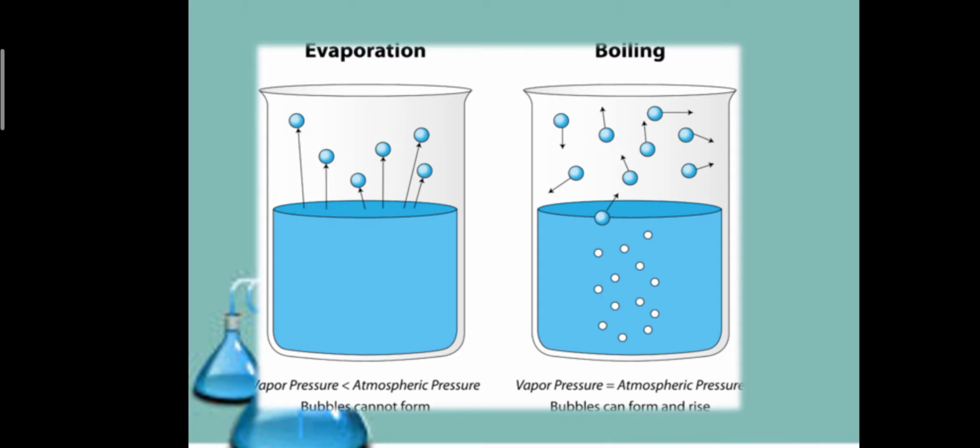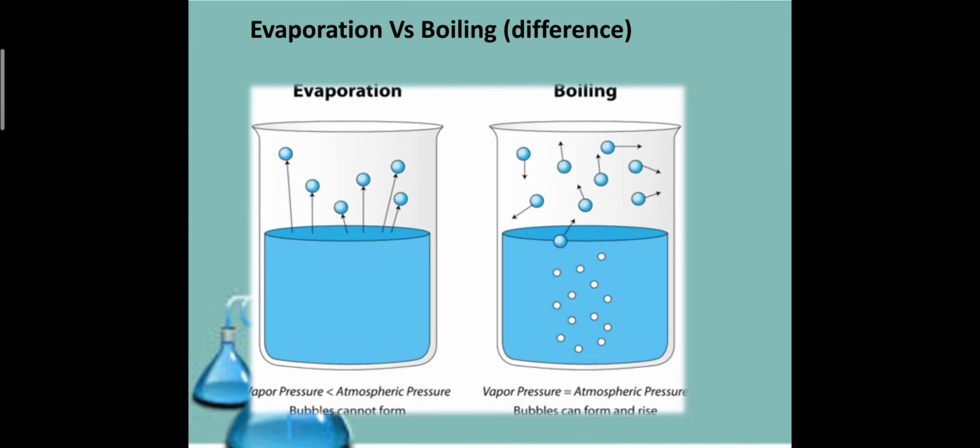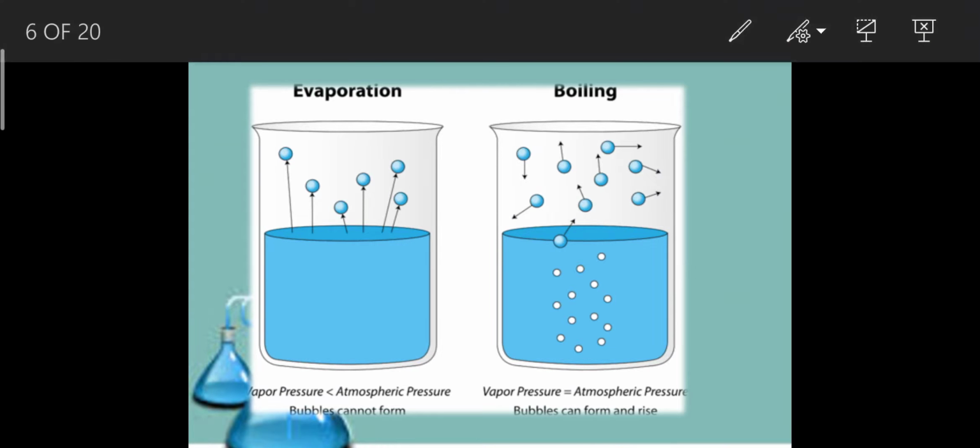And evaporation is a surface phenomenon in which particles from the surface, that means only those particles which are able to overcome the force of attraction, are able to change into vapors. In boiling, the whole liquid which is present is able to convert into vapor, but in evaporation only surface particles are able to convert.